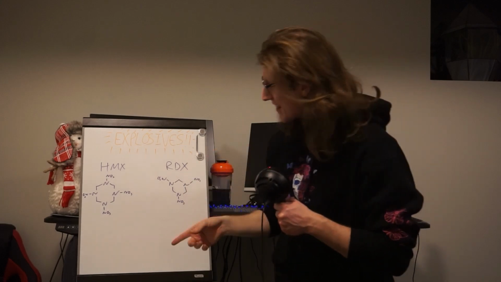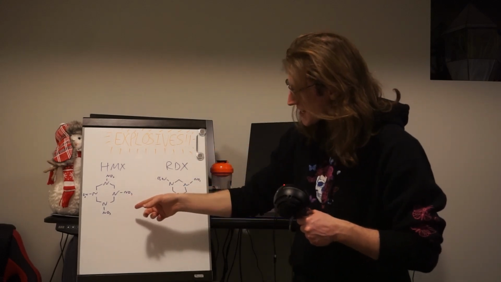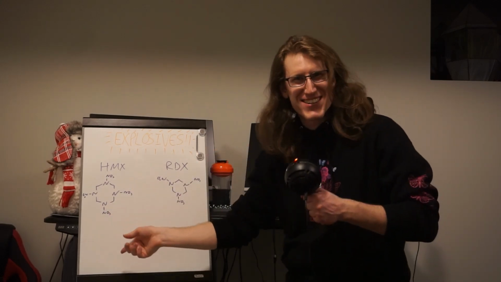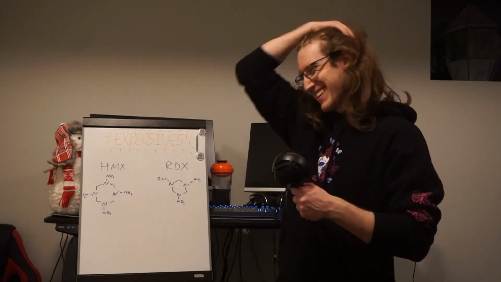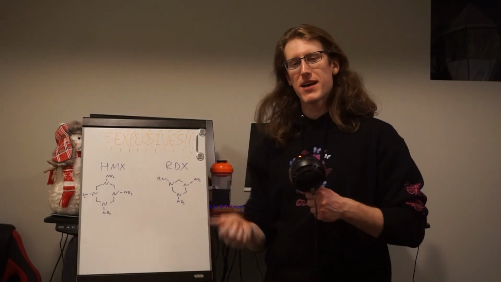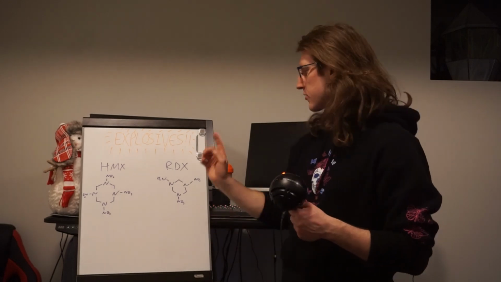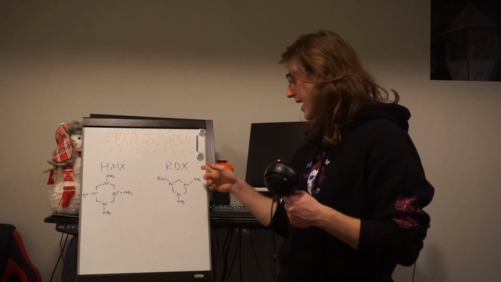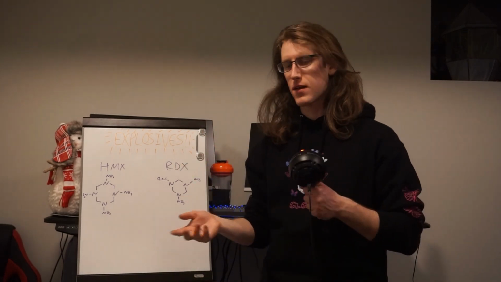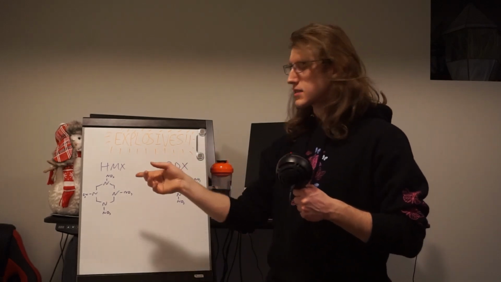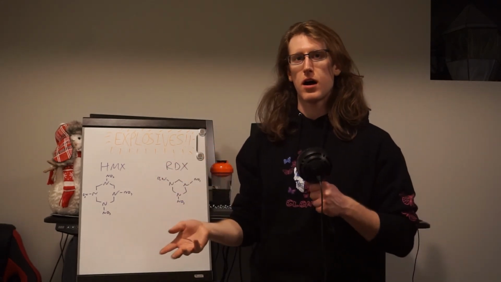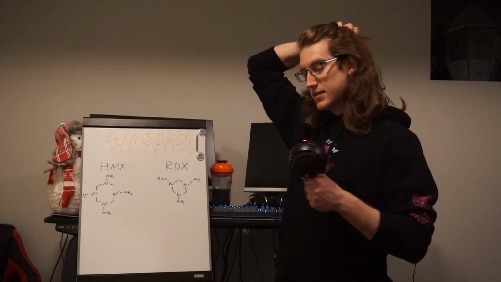And then they make HMX by just adding more carbon and nitrogen. So RDX and HMX mean absolutely nothing, other than bad times. I'm pretty sure the X is for explosive, but they named these things RDX and HMX to throw people off. Heavy metal explosive. It's not it.